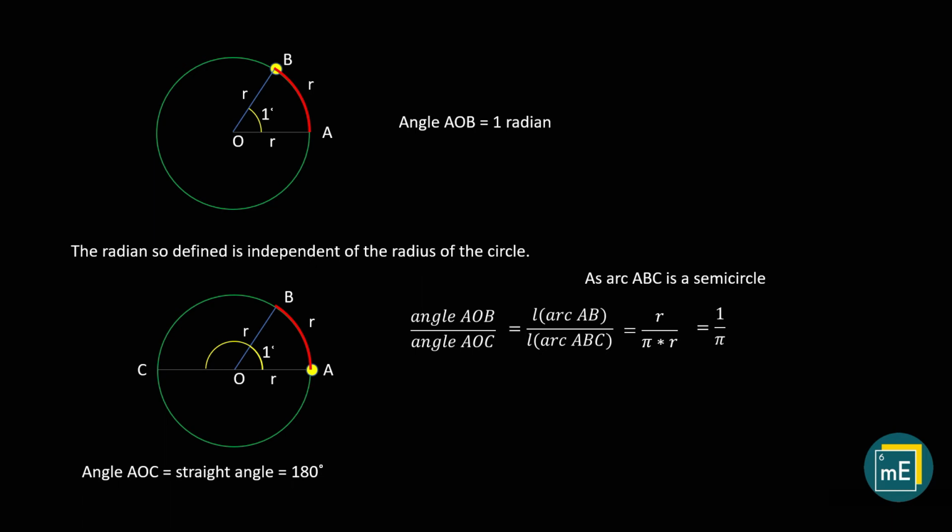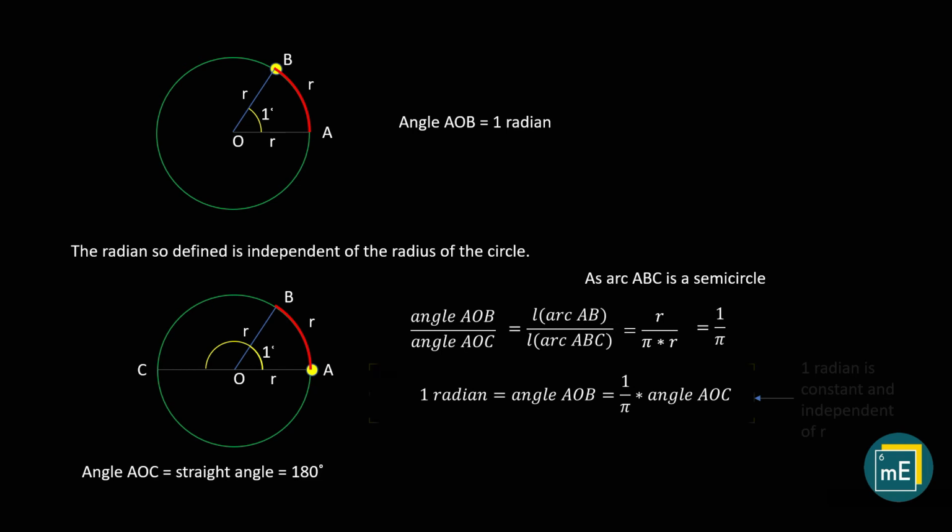If we rearrange the terms, we can say that 1 radian, which is equal to angle AOB, is equal to 1 upon pi times angle AOC. This expression does not contain any terms of r, and therefore we can say that the definition of radian is independent of the radius of the circle.